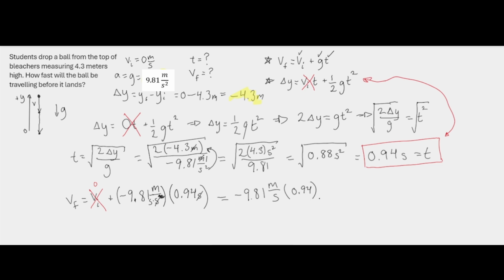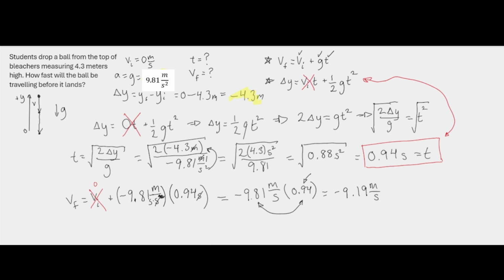So now I'm going to put that into my calculator. I have a negative sign, 9.81 times the previous value for time that I found. And this comes out to be negative 9.19 if I'm rounding to 2 decimal places, and that's meters per second. If you got a different value, it's because I did not use this rounded value when I calculated this final multiplication right here.